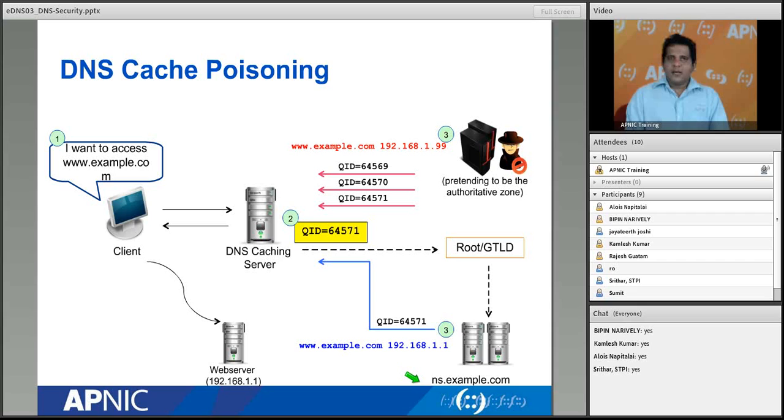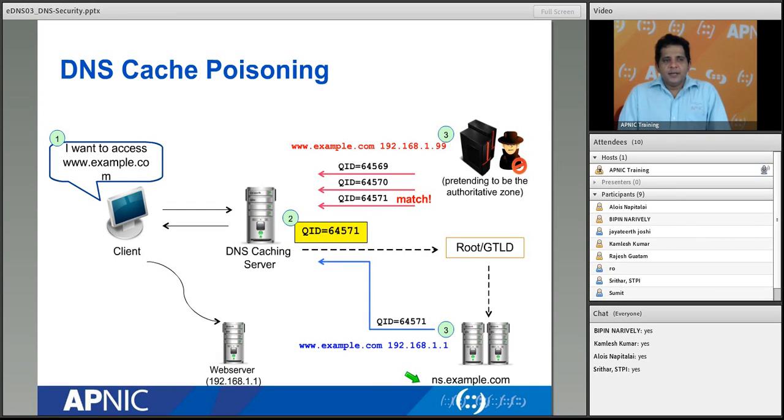But of course, as I mentioned earlier, some third party could be impersonating or spoofing and giving wrong IP addresses to those web servers.